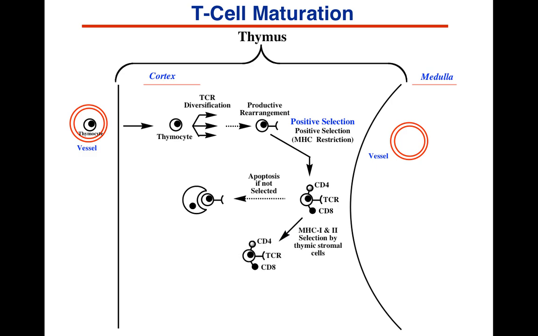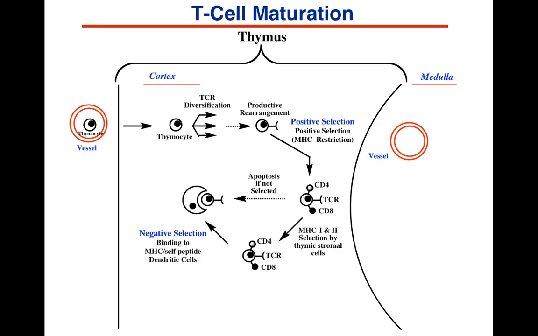Now that they express this MHC1 and MHC2, and there's the selection by these epithelial stromal cells in the thymus, these cells will now undergo an interaction in which, if they bind too tightly to the MHC self-peptide on dendritic cells, then they will be eliminated.